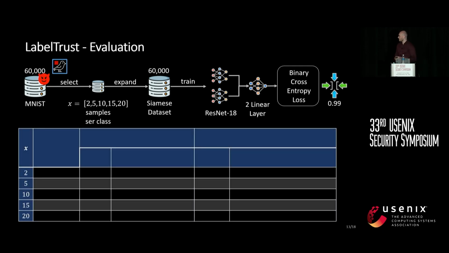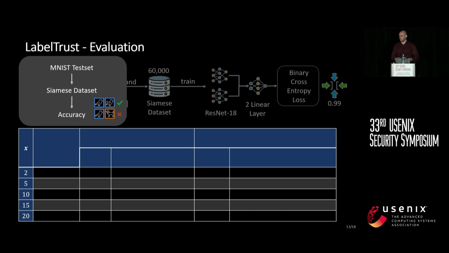The results that I will present show results for a reference dataset that contains 2, 5, 10, 15, and 20 samples for each class within the reference dataset. So if we have MNIST with 10 classes, 20, 50, 100 samples, and so on. The first thing that we did is we took the MNIST test set and created a Siamese dataset from it.